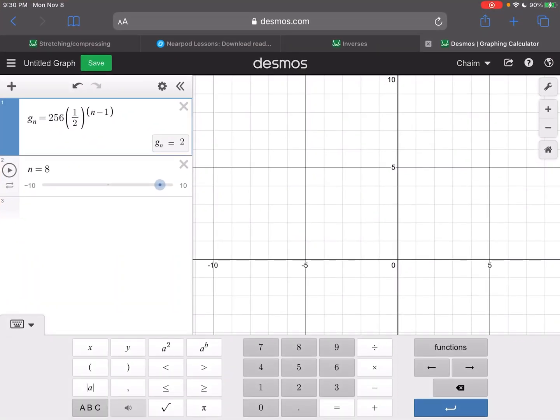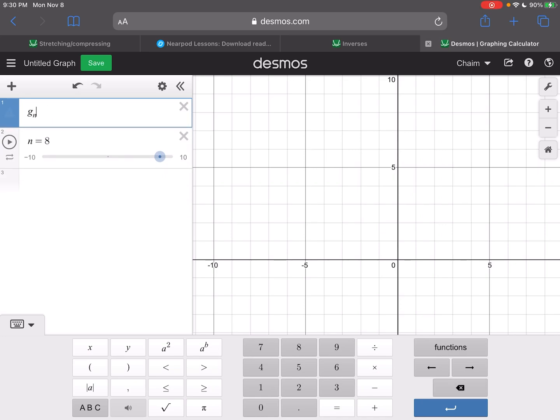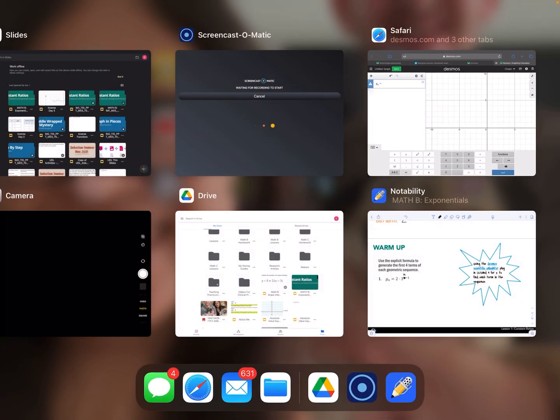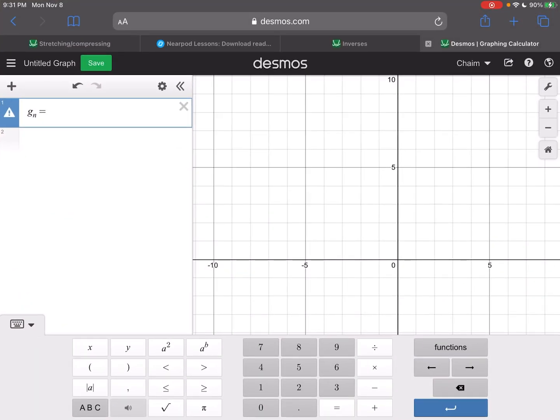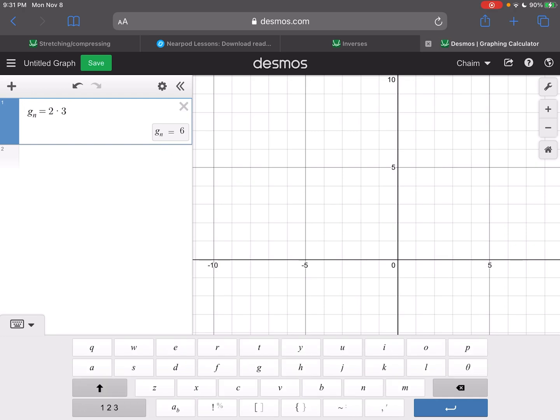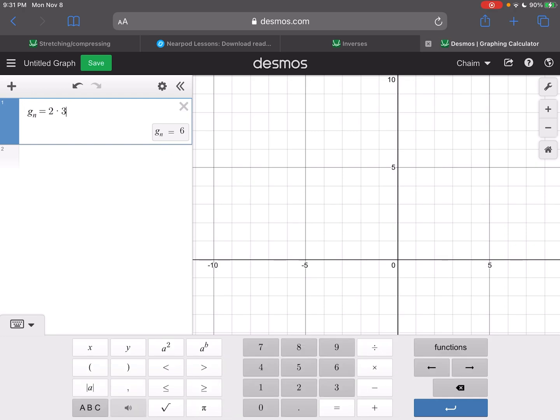Right, so here we go. G of n, I'm just going to change this. G of n is equal to 2 times 3, the power button, I guess I could just use the squared button and go backwards. Make sure you do the parentheses.